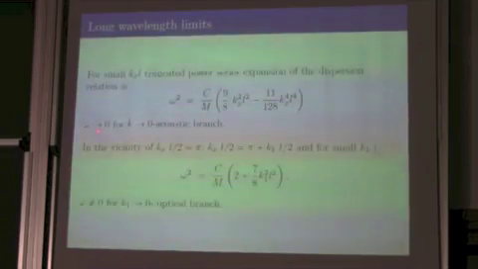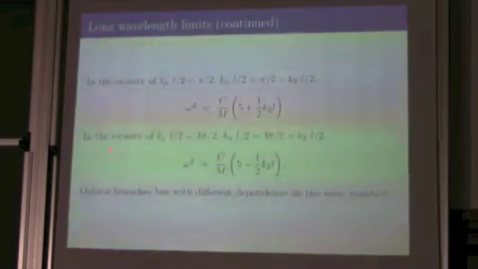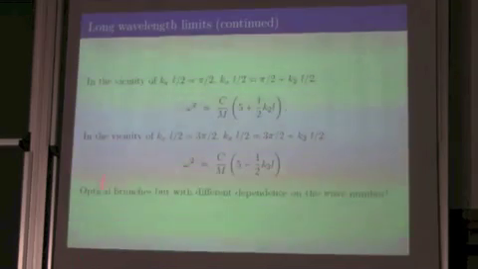And here we see that as soon as omega tends to 0 as k tends to 0, this is the acoustical branch, while this one belongs to the optical branch because of this, and also the remaining estimations result in these two cases.